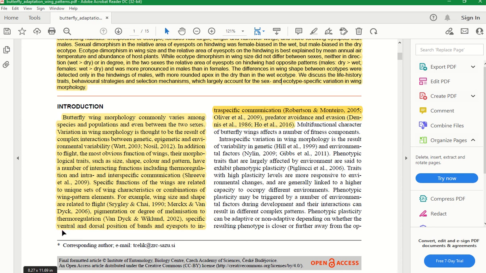If you have a dog, its belly is its ventral side and its back, its spine, is its dorsal side. For butterflies, this means butterflies fold their wings behind their backs. When they do that, they are exposing the ventral side of their wings and hiding the dorsal side of their wings, and that is related to intra-specific communication.